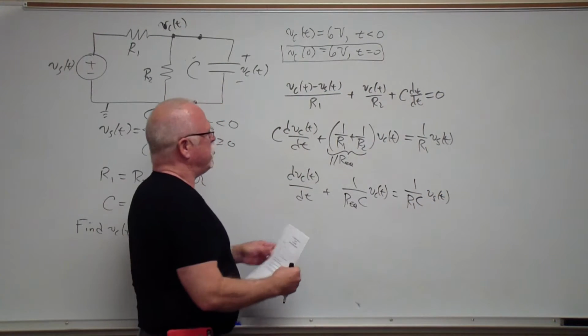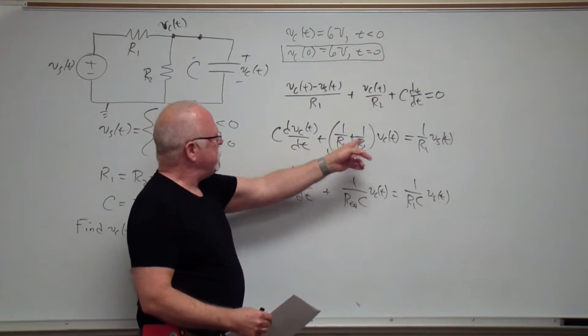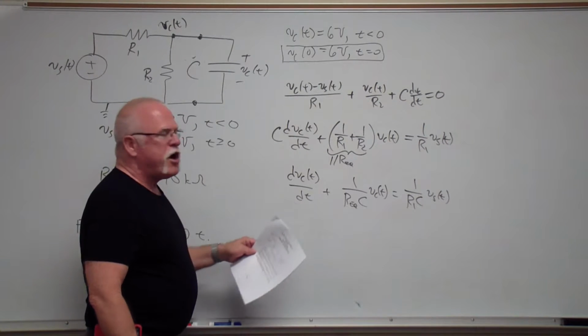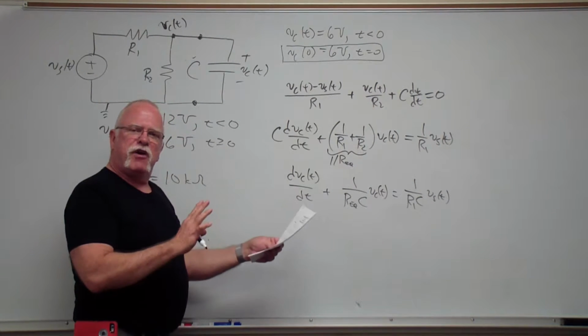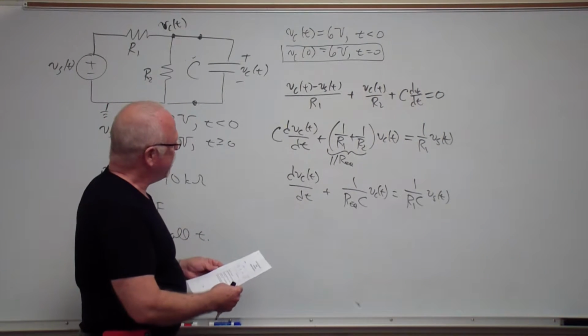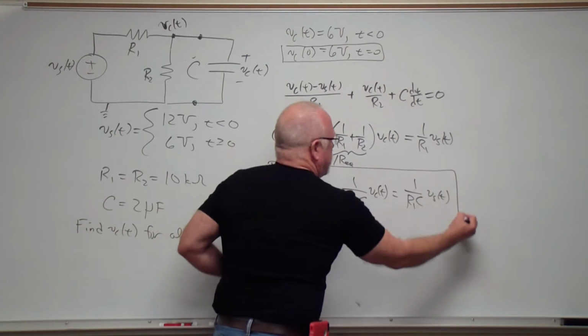Again, we could have easily multiplied everything through by Req. You get the same answers, but when you work with higher order stuff and you have to factor it, you need a leading coefficient of 1 in the denominator, so may as well get there now. Okay, so there's our diffeq.